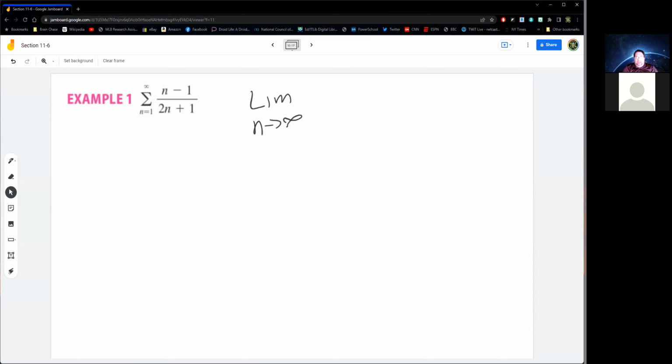Anytime we're dealing with a fraction, especially one like this one where it's really easy to look at and there's nothing really crazy there, if the degree of the numerator is greater than the degree of the denominator, the limit goes to infinity.